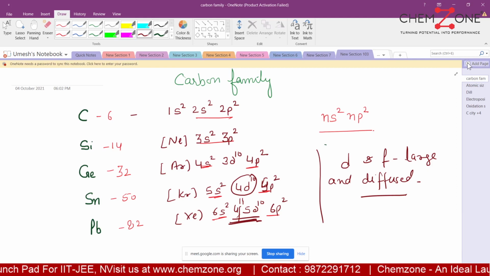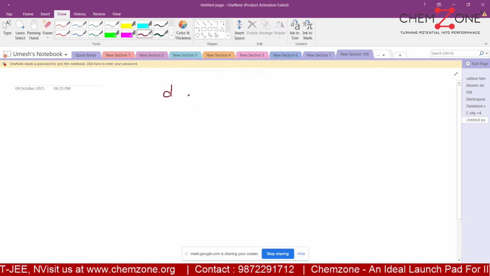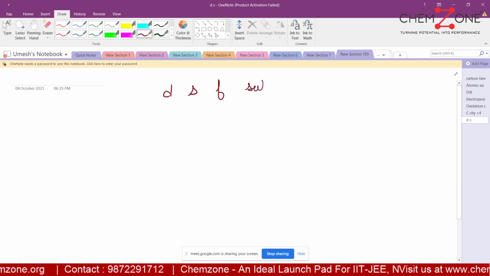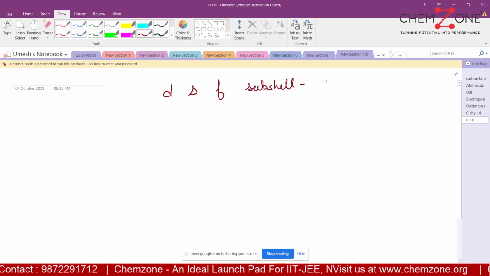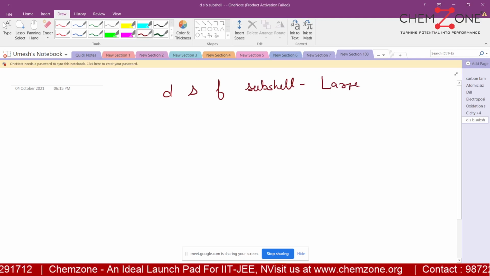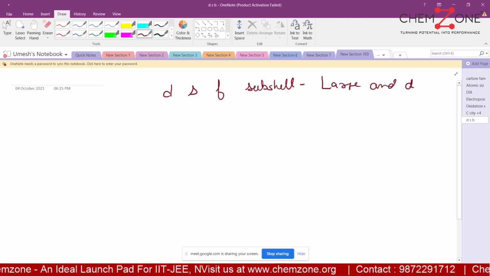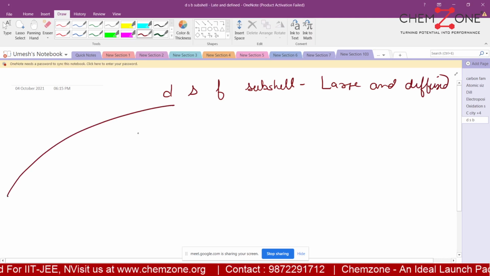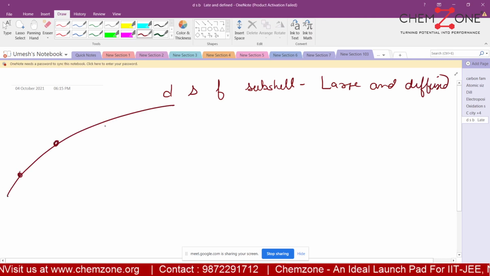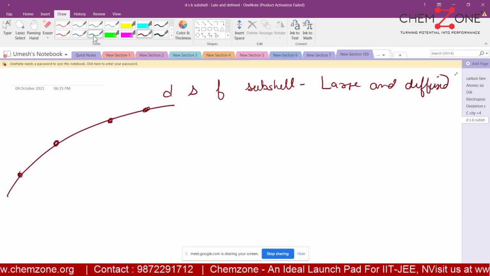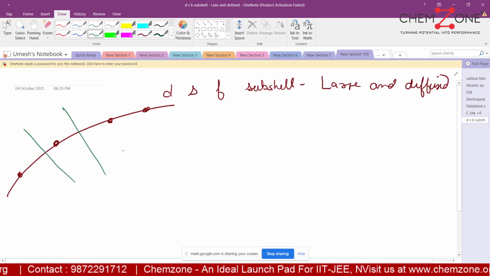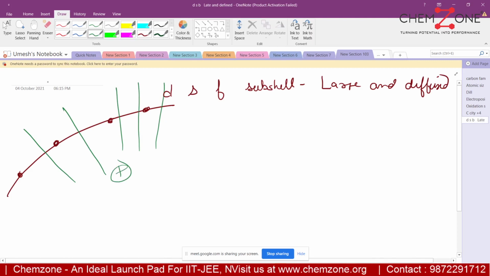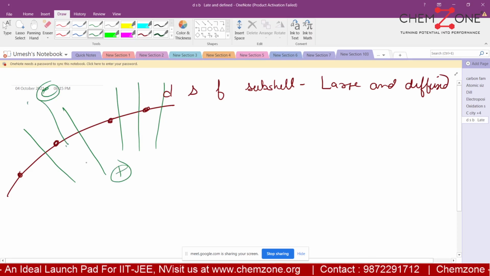This D and F subshell, these are large and diffused, bigger in size. Nuclear charge can go out and pull the outer electron inside.